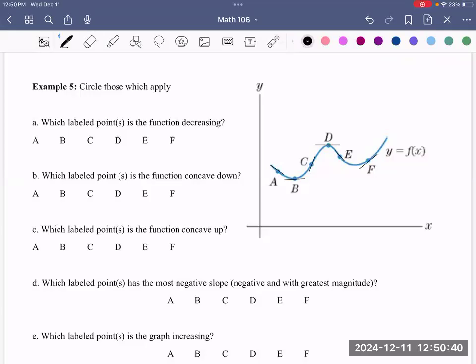There we go. So if we were drawing some functions or some points, where are we decreasing? Well, those black lines are decreasing at A and E.